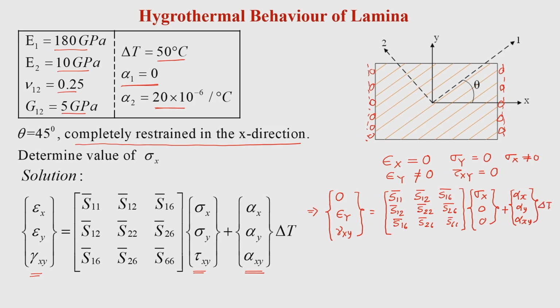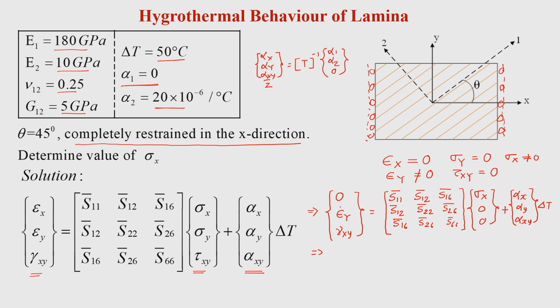Now, alpha x, alpha y, alpha x y you can find out using this transformation matrix, since alpha 1 and alpha 2 are given.